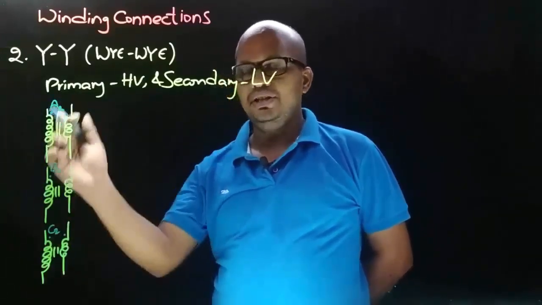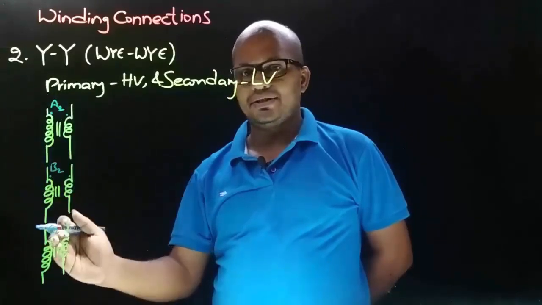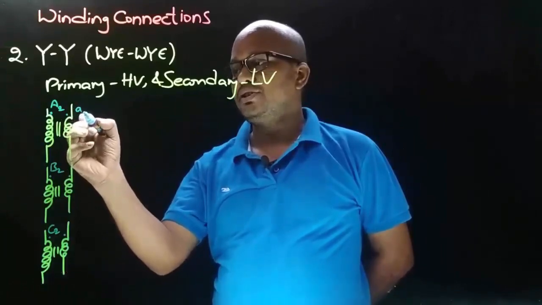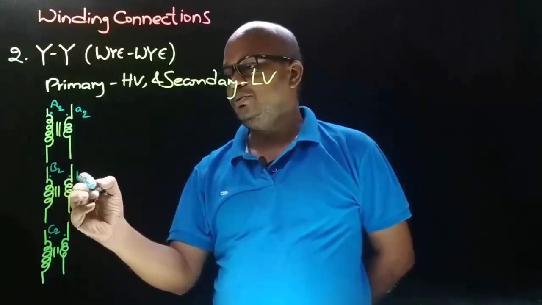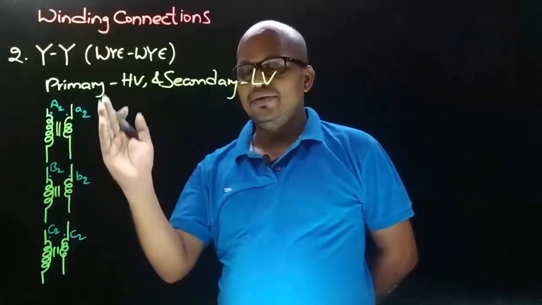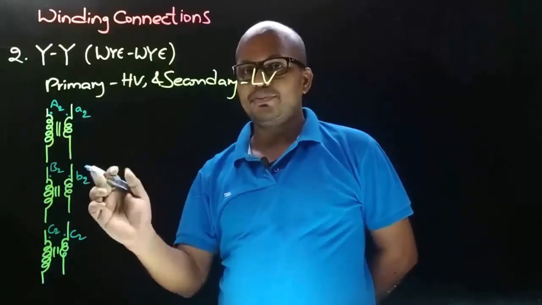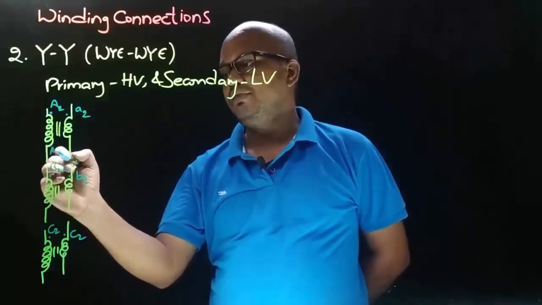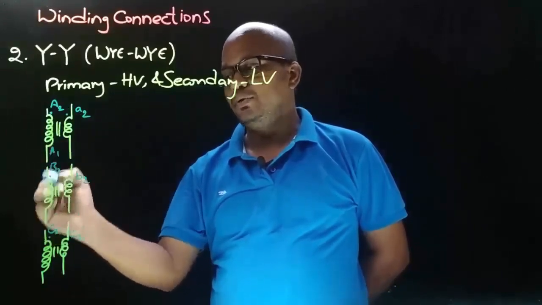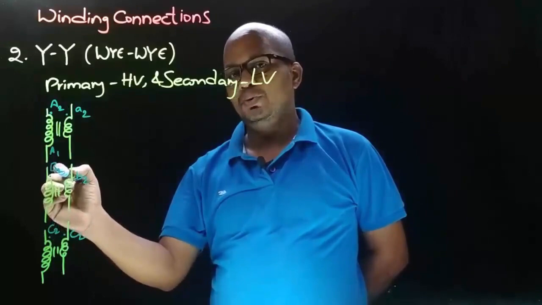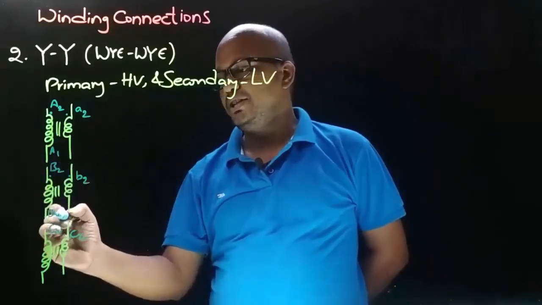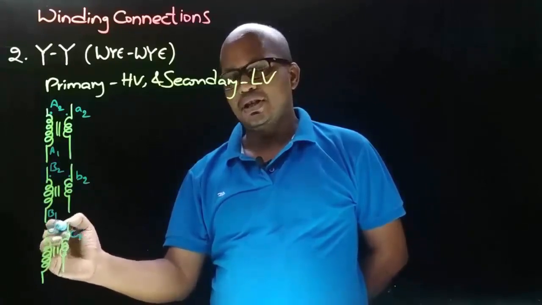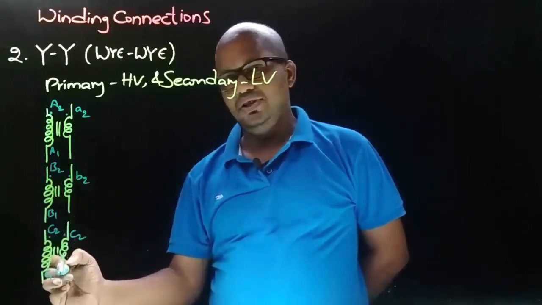As this is HV winding, we are giving the capital letters, and on secondary side the dotted ends are small a2, small b2 and small c2, because LV side terminals notations are given in smaller case. On primary side, as this is the starting end, so finishing end will be A1, and to this B coil this is B2 starting end and finishing end is B1, and to this coil C2 is the starting end and C1 is the finishing end.